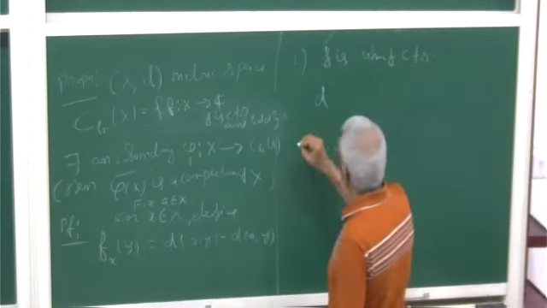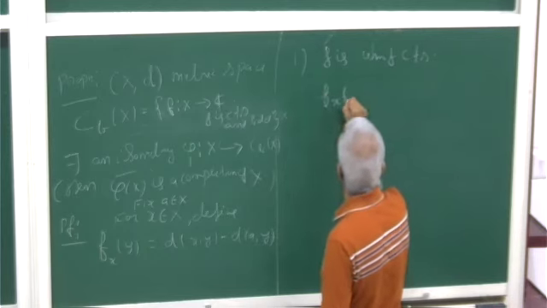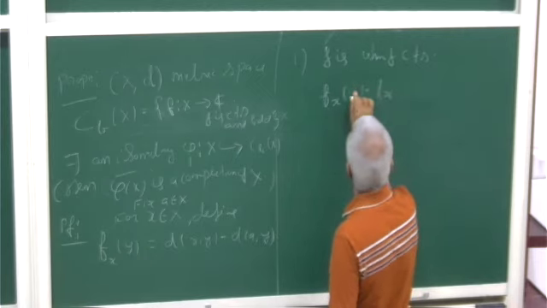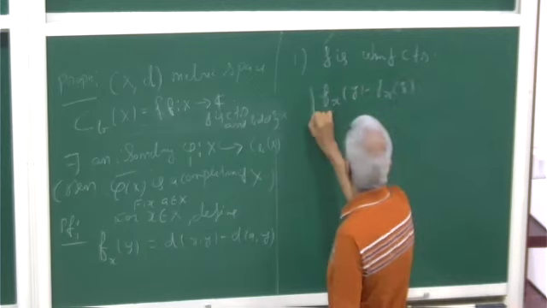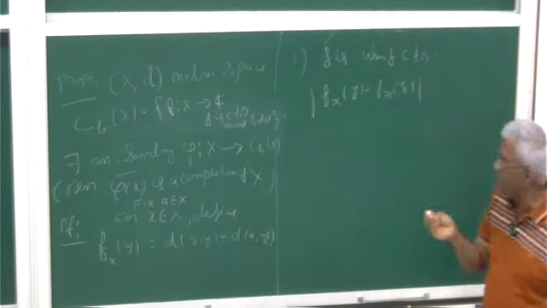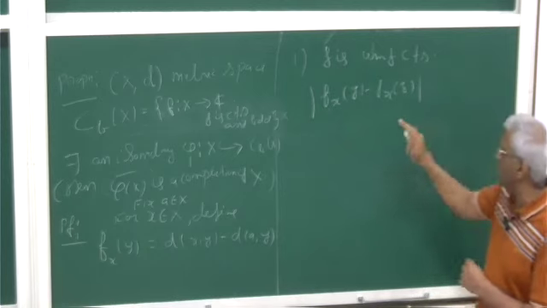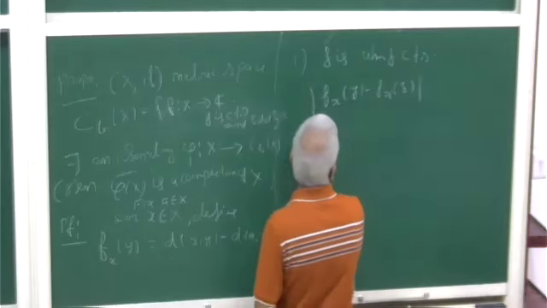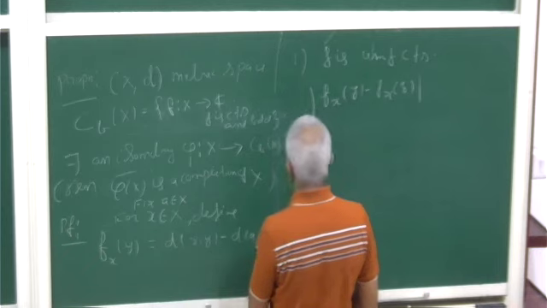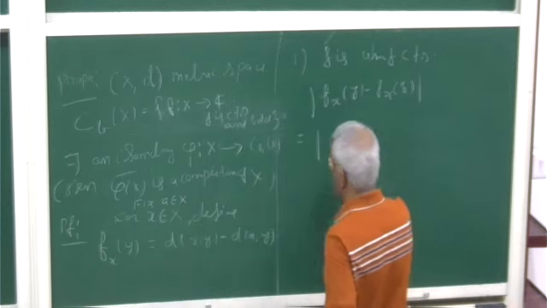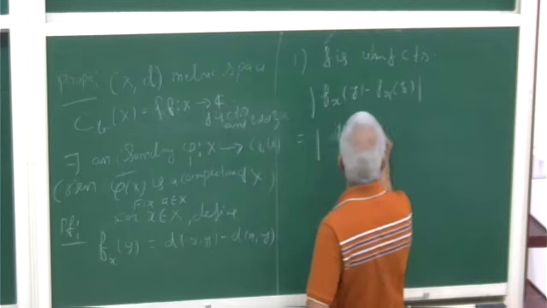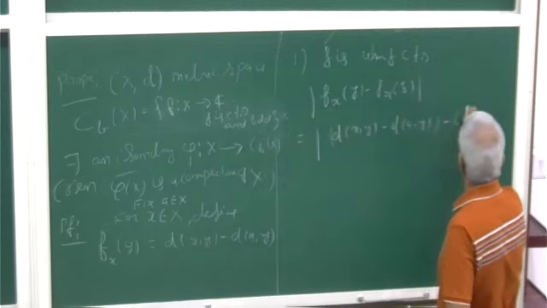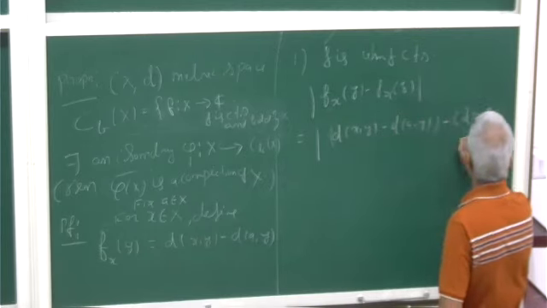So we want to talk about continuity. For that, we consider F_x(y) minus F_x(z). We have to show that this is less than or equal to d(y,z) to show uniform continuity. I will show an inequality. Now this is equal to d(x,y) minus d(a,y) minus d(x,z) minus d(a,z).